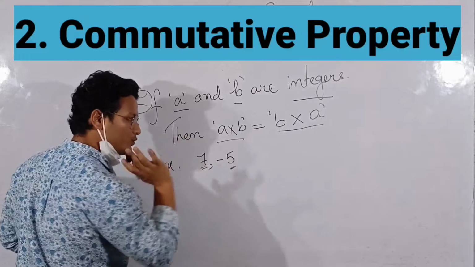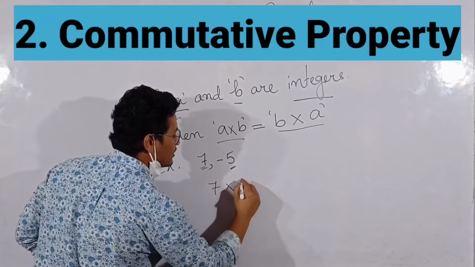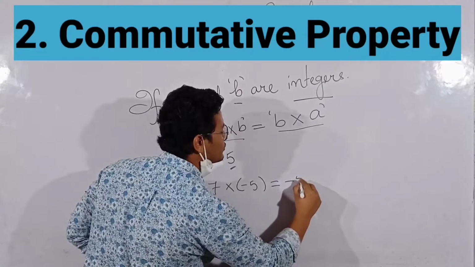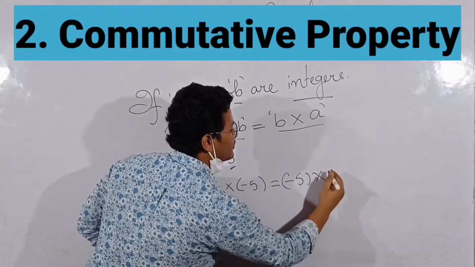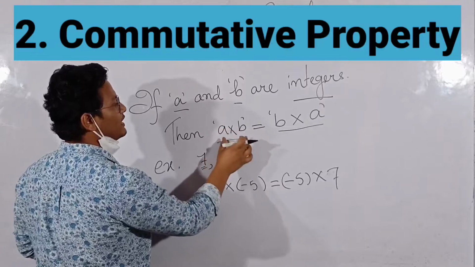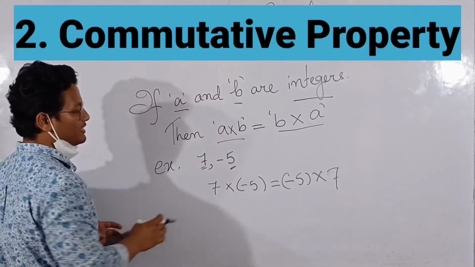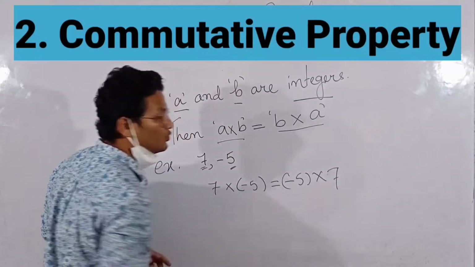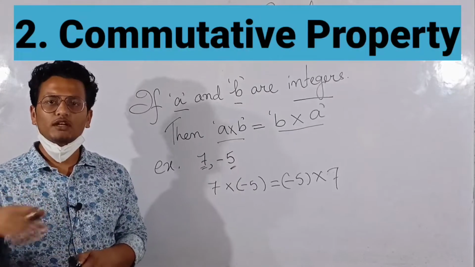Now 7 into -5 is always equal to -5 into 7. If we change the order of A and B in multiplication, it will always remain the same. It will never change. 7 into -5 is equal to -5 into 7. I hope you are clear about this. Now let's move to the next property.